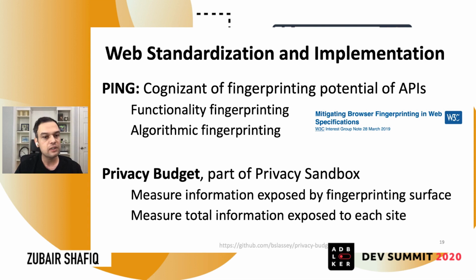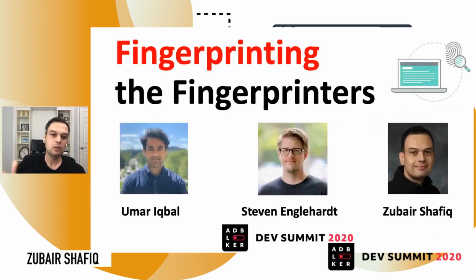But as part of this privacy budget proposal, they're actually trying to see if they can, in the browser, quantify in real time, perhaps, how much information or entropy is leaked by a fingerprinting script, and whether that can actually be used to then implement countermeasures. And we are right now thinking about how we can actually advance or improve FP Inspector to incorporate that in our mitigation as well.